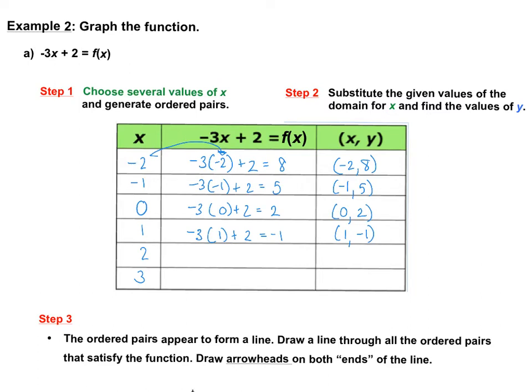Notice that I am replacing all of my variables with parentheses. Also notice that my y values have a pattern. They're all decreasing by 3 every single time. If we have a pattern in the x, we're going to get a pattern in the y if it's a linear equation. And I know this is linear because my exponent of x is 1.